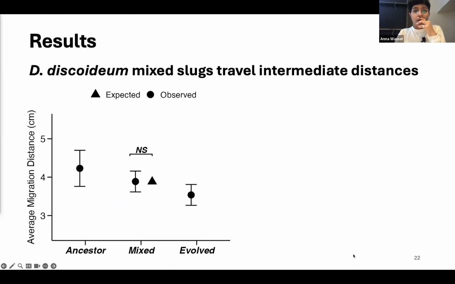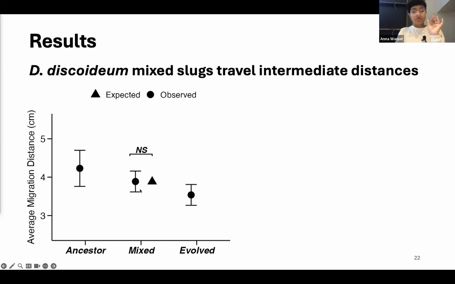And when I saw the results, that was quite interesting, but in a not interesting way. On my y-axis here, I have average slug migration distances. My x-axis is the treatment. And remember, I said that my expected value for the mixed lines is the linear average of the ancestors and the evolved.